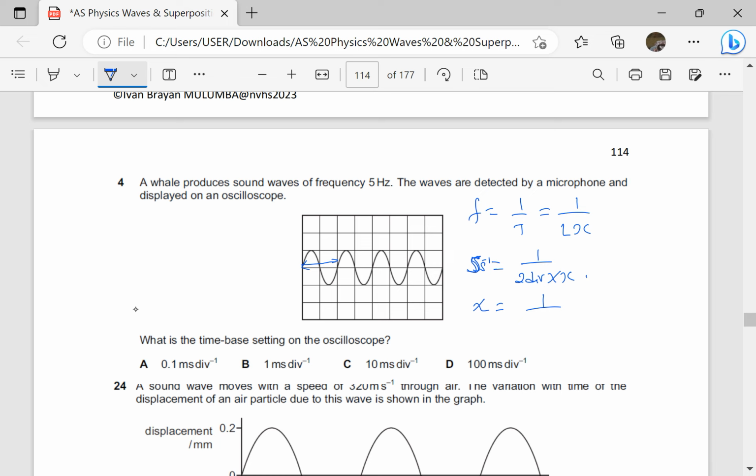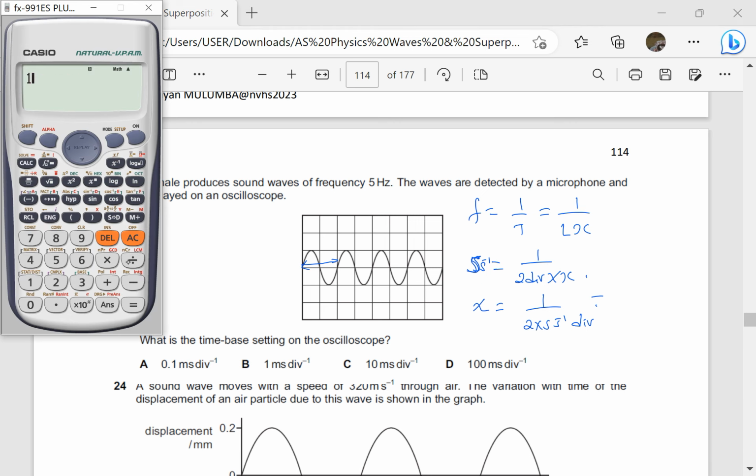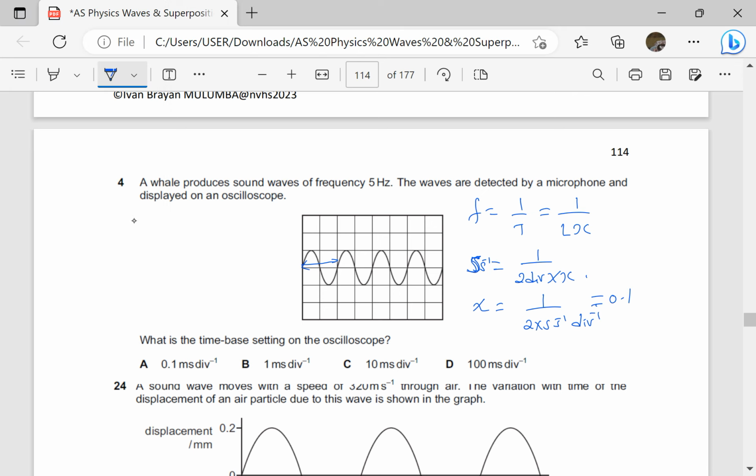Making x the subject, x is 1 over 2 times 5 per second, times division. 1 divided by 10 is 0.1. Then per second goes up, it becomes seconds, and per division goes up, it becomes per division.